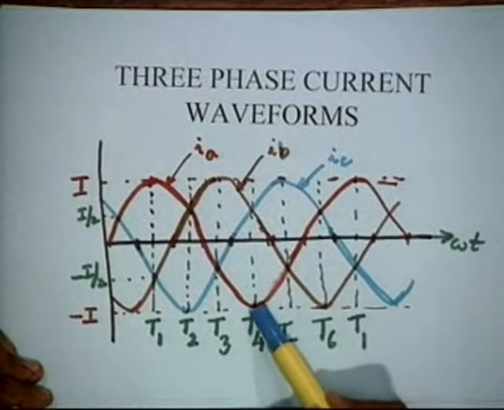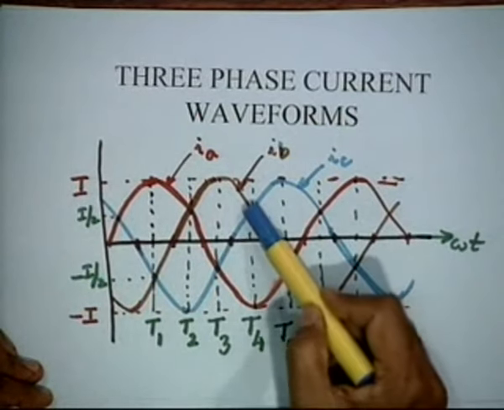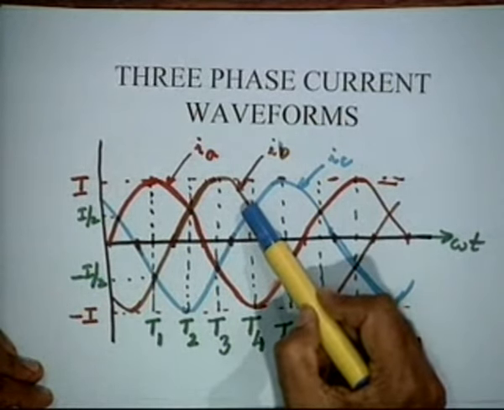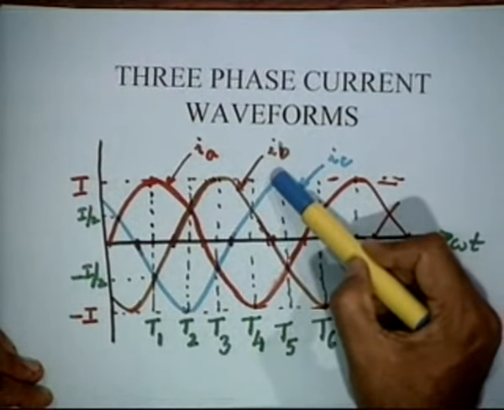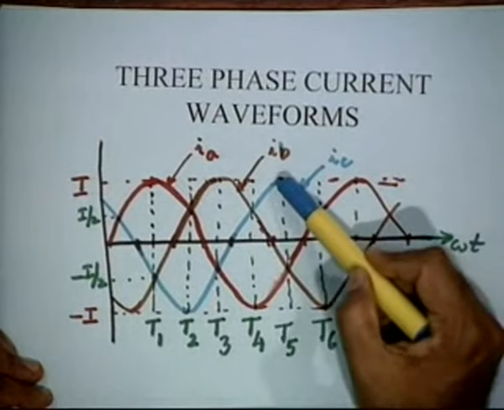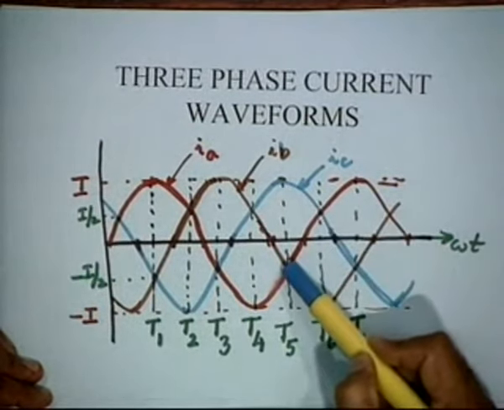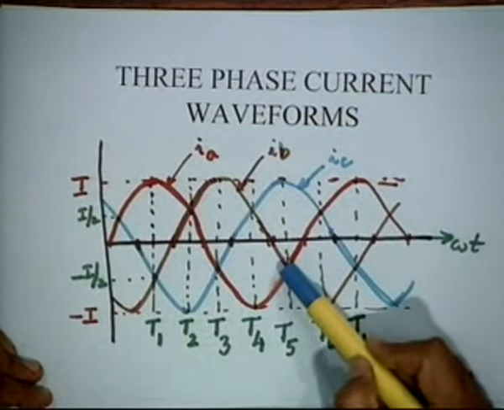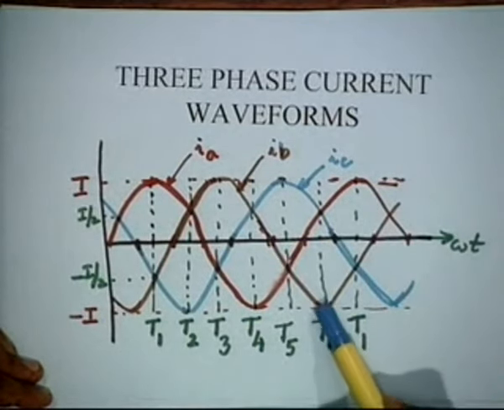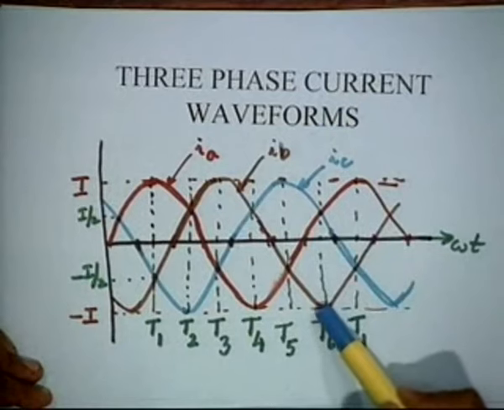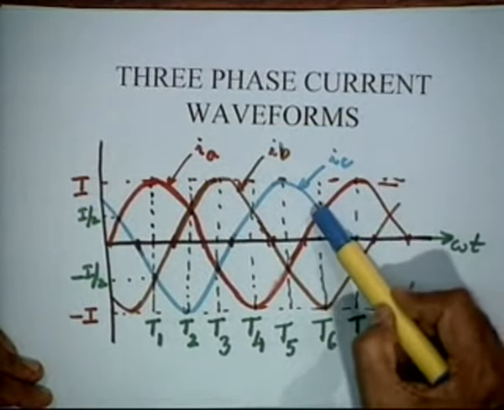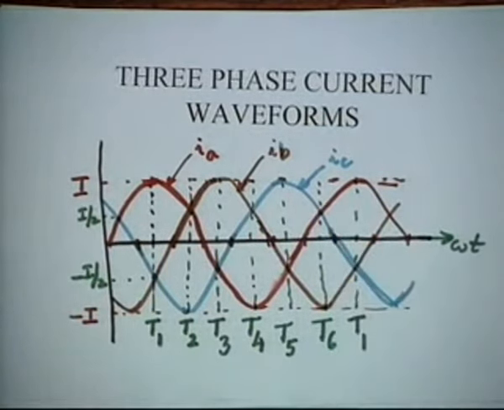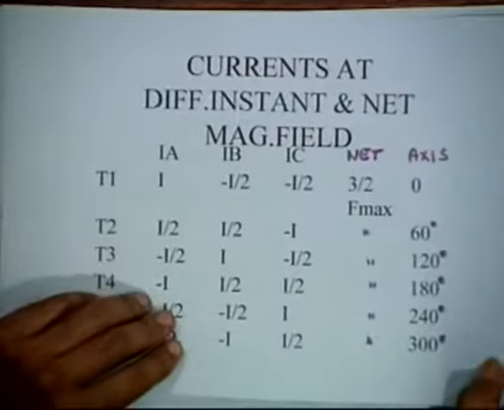At t4, the A phase has minus I and B and C will have plus I by 2. Look at t5. At t5, the C has peak value and the others have minus half. And at t6, the B has minus peak value and the other two, that is A and C, have plus half, right.